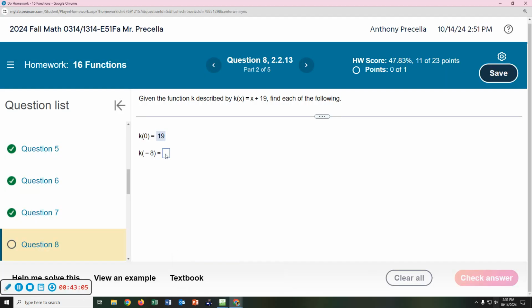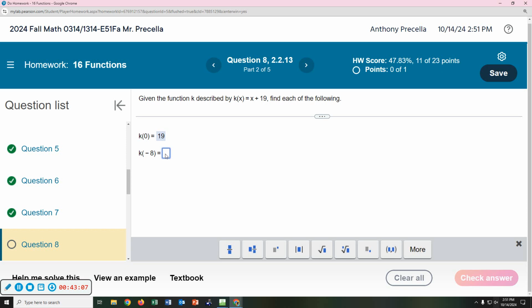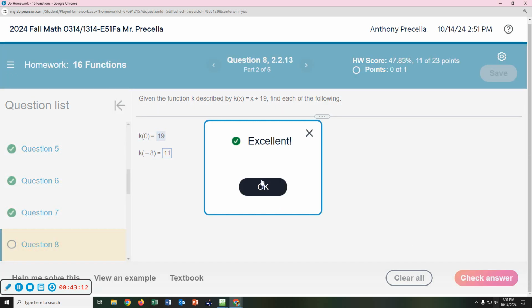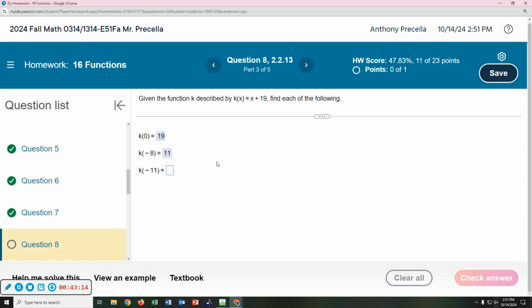Notice it's getting only one y value. It can never get two y values. And I know that because this is a function, because they're using function notation. They cannot use that k of x or f of x notation if something's not a function. That means for each individual x, there can only be one y value.